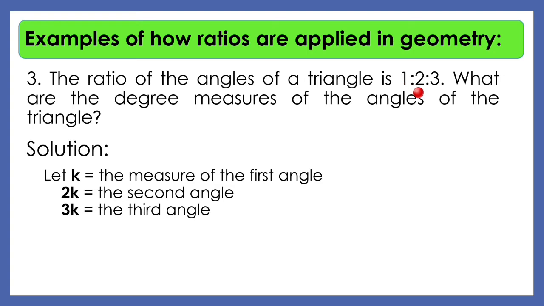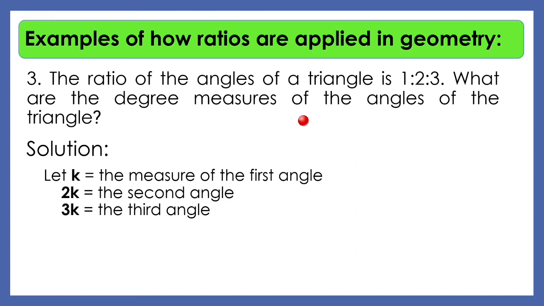So, yung ratio dito na 2, minultiply natin sa K. Yung third angle naman, which is 3 dito sa ratio, imumultiply natin sa K para makuha yung third angle. And then, based sa ating given na problem, which is triangle, ang measures ng mga angles ng triangle is 180 degrees.